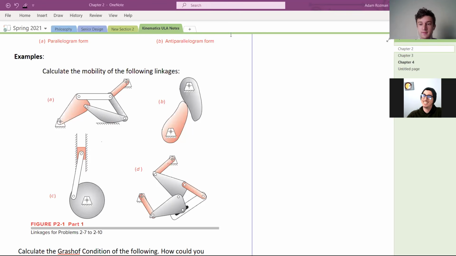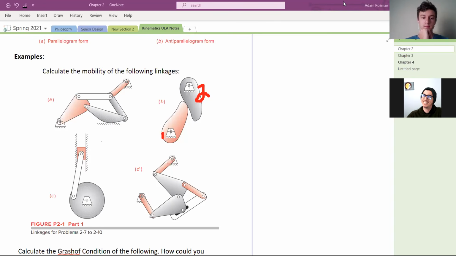All right. So it has 2 grounds, right? So 1, 2, 3, 4.